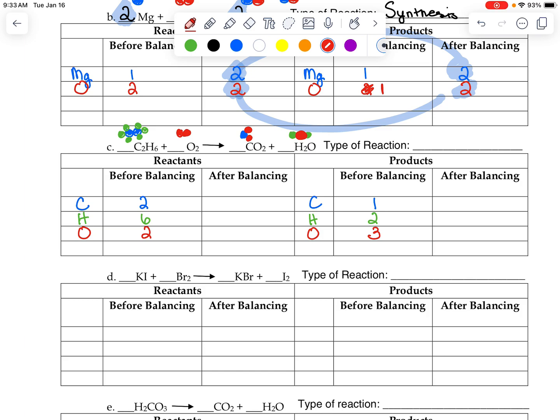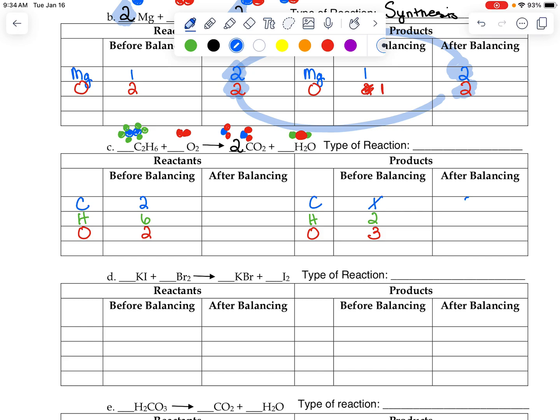So now what we do is we're going to put our coefficients in front. I start with carbon and hydrogen usually. So carbon, if I put a 2 in front of CO2, remember that that means that we now have 2 molecules of CO2. So that is going to change our oxygen count and our carbon count.